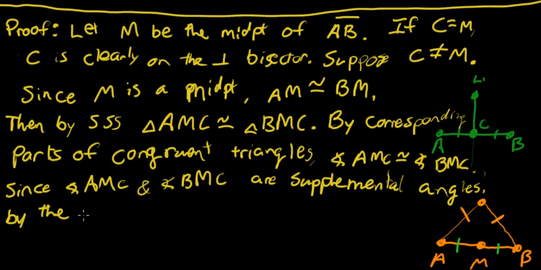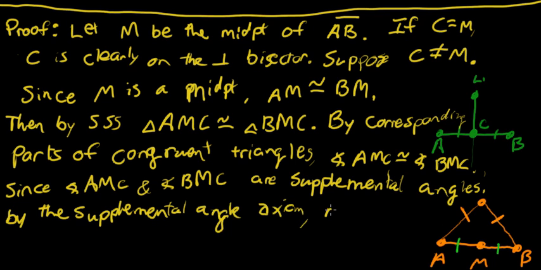So by the supplemental angle axiom, measure of angle AMC plus measure of angle BMC equals 180 degrees.